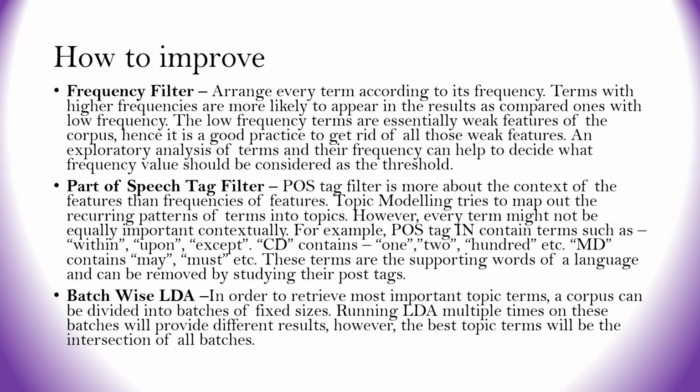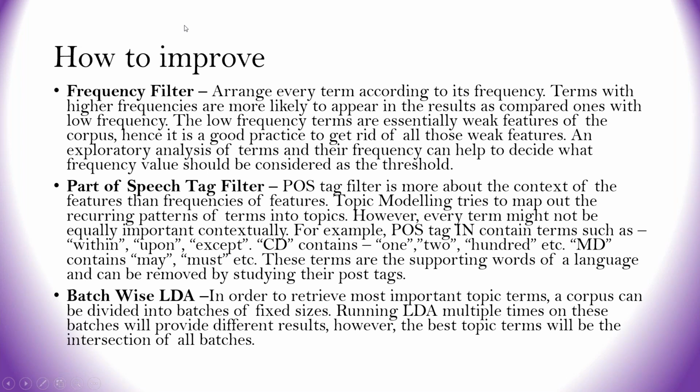Here, you can divide them like a sampling technique. You can divide them into batches of 10 or 15 or 100, and on each batch you need to apply LDA multiple times, and then the words are going to be the intersection of all the batches. I haven't run any code for this as such in my model.